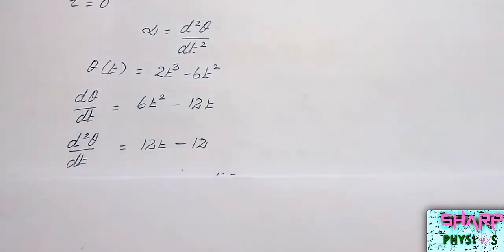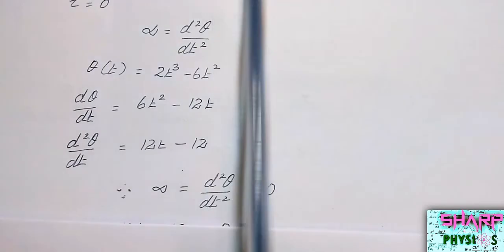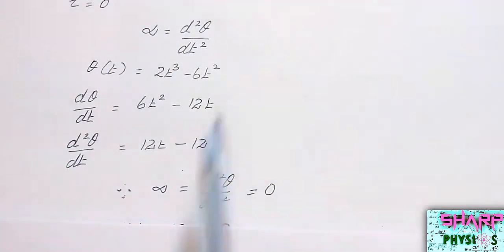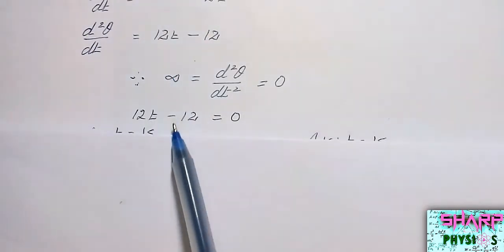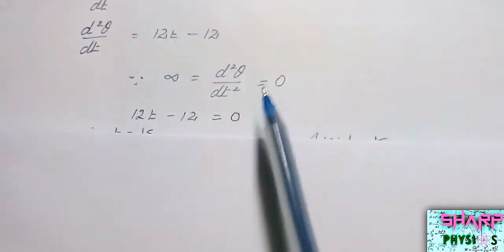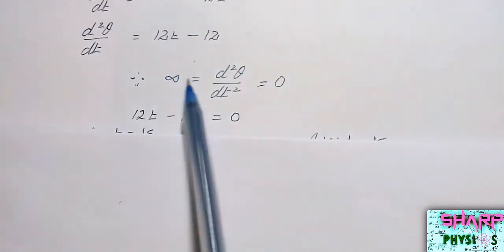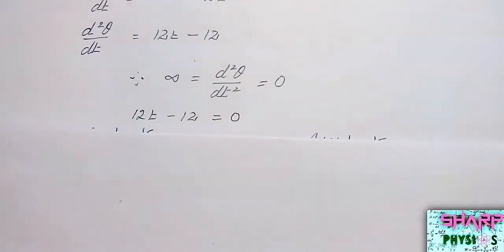So you get this angular acceleration, and now this is equal to 0 when the torque becomes 0. So 12t minus 12 is equal to 0.